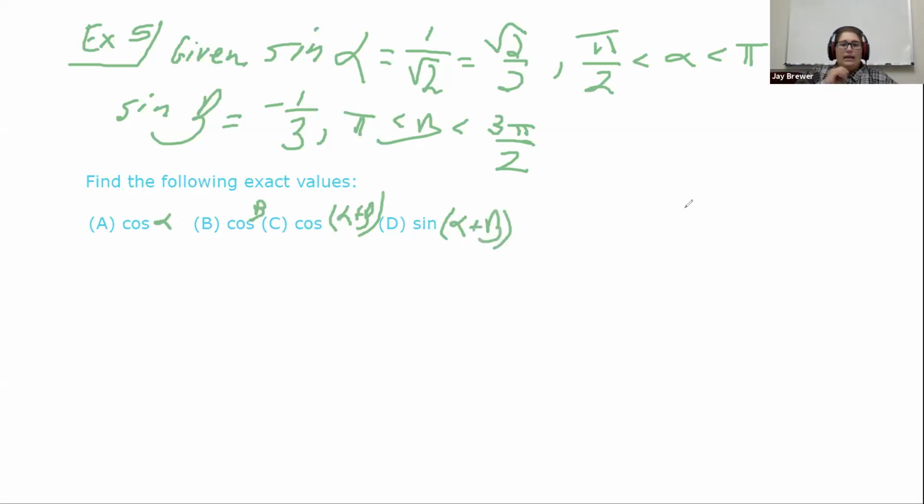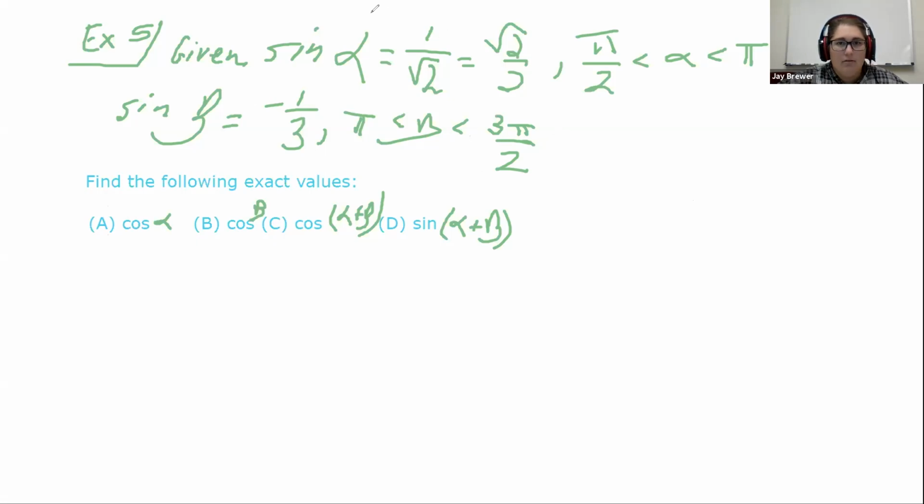But if you guys take a look at what we're given, we are given sine of alpha and sine of beta. Does it seem like at this point that we have enough information to move forward? What do you know you're going to need to find? They kind of tell you, right? In parts A and B, we have to find the cosines of the given information.